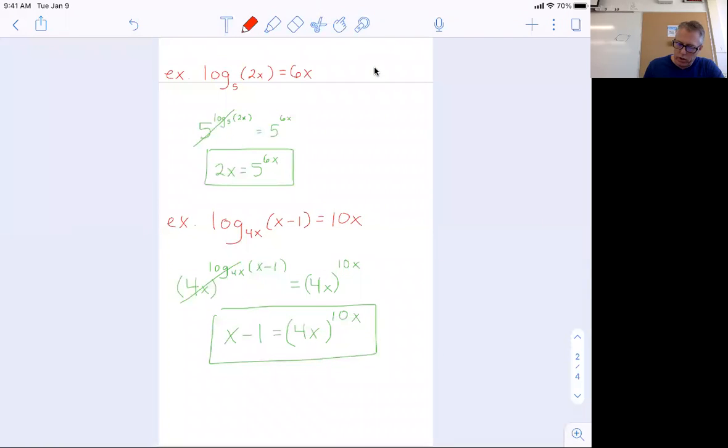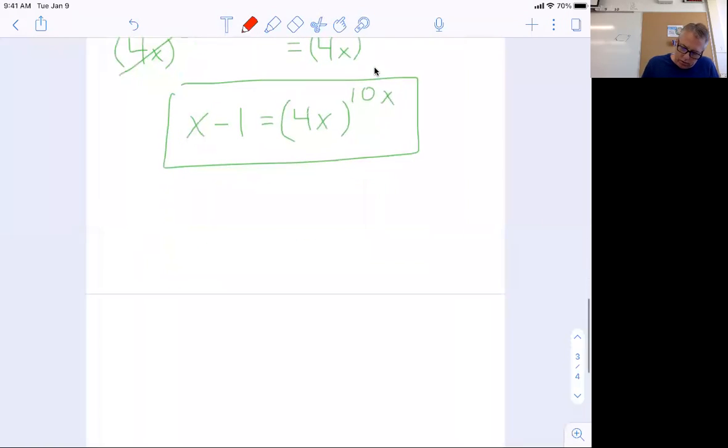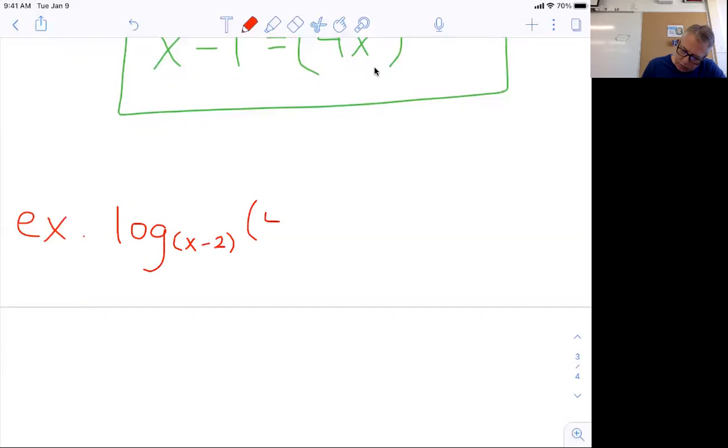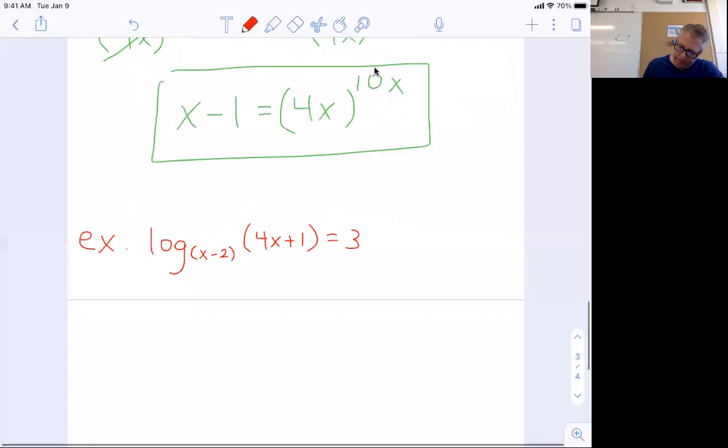All right, let's do one more. So let's say we have here log base x minus 2 of the 4x plus 1 is equal to 3.